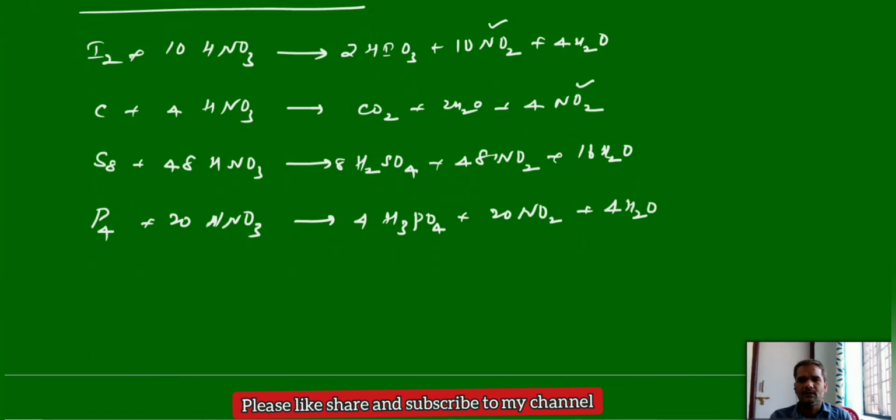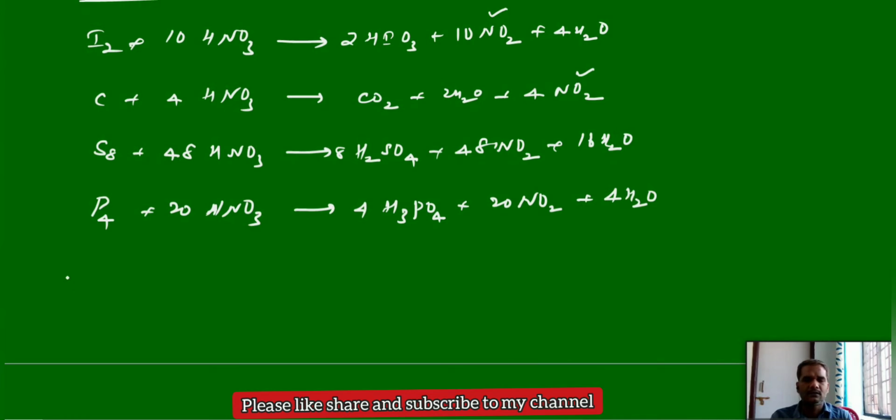Here we have taken normal carbon, but let us take an allotropic form of carbon, graphite. This is coke, carbon in the form of coke, and carbon in the form of graphite. Again, if we treat it with concentrated nitric acid, then this graphite will be converted into graphitic acid.